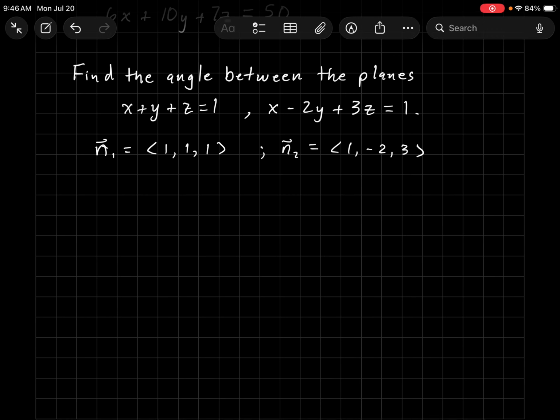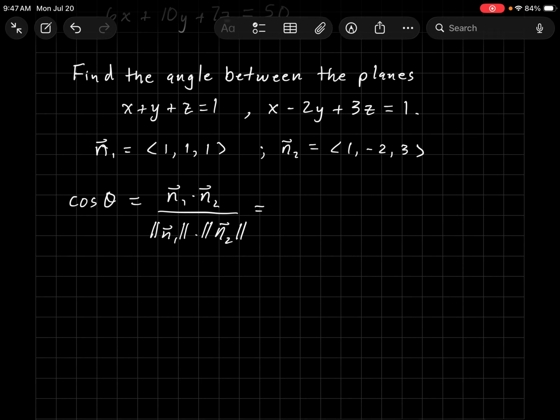So how do we find the angle between two vectors? Well, we know that the cosine of theta is the dot product over the magnitudes.